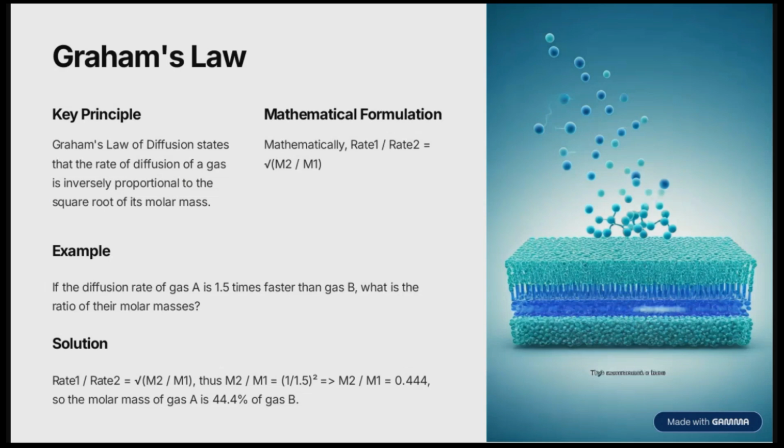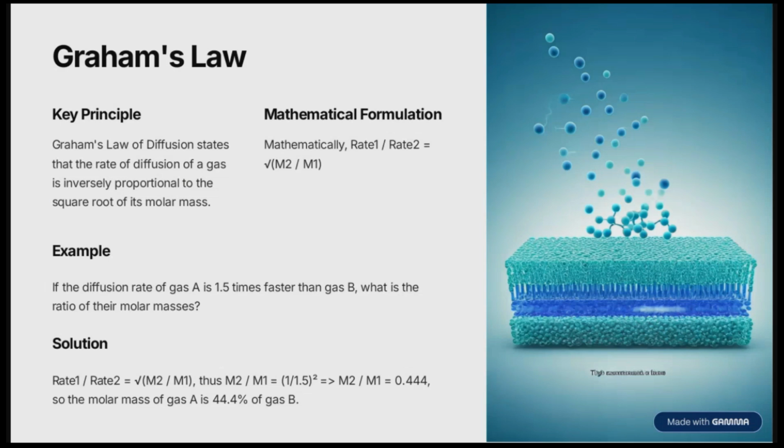So if the rate of diffusion of a particular gas is 1.5 times faster, meaning we don't really know the rate of diffusion for this particular gas, but whatever it is, the other one is 1.5 times faster than it. So we can say that R1 is equal to R1.